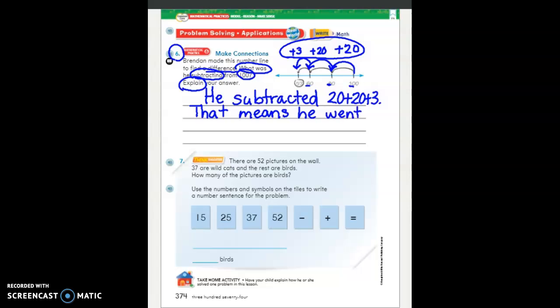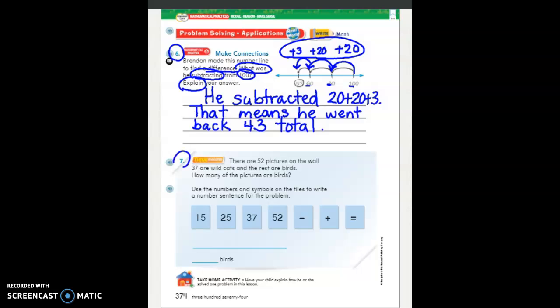I don't need to use that word subtracted again. Back. Let's look. 20 and 20 makes 40, plus 3 more. 43 total. When I explain, I can use a variety of reasons. I can do that, but I need to show how I know that and explain it in easy terms. Okay? You can do it in your own words, or you can use these.